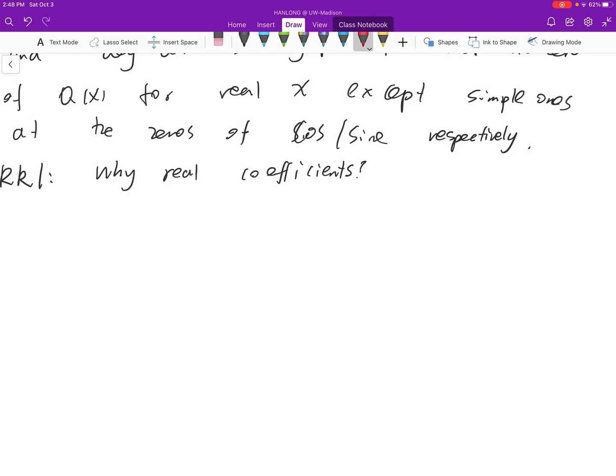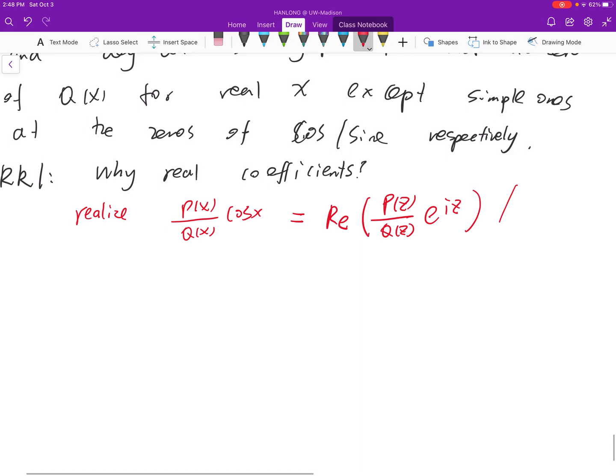The reason is that we want to realize P(x) over Q(x) times cosine x as the real part of P(z) over Q(z) times exponential iz, or if you like, the real part of P over Q times exponential negative iz.